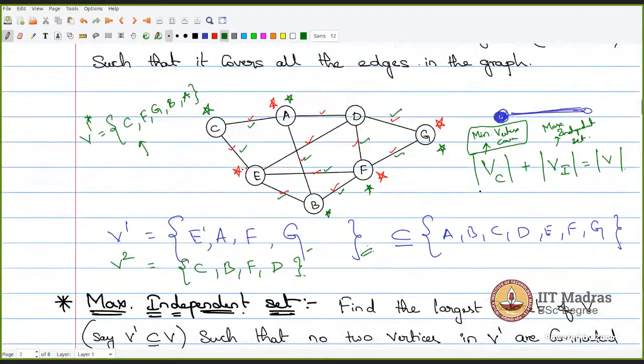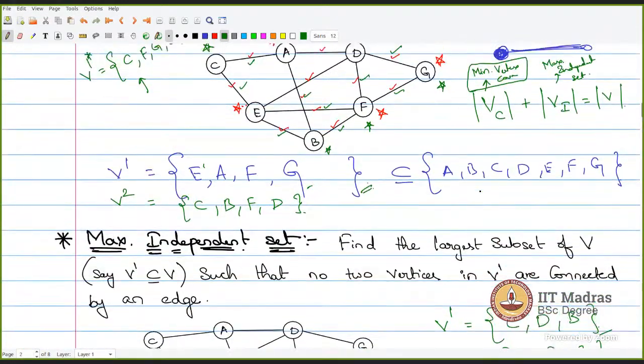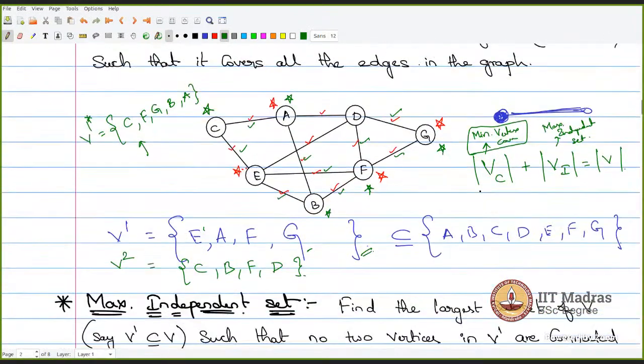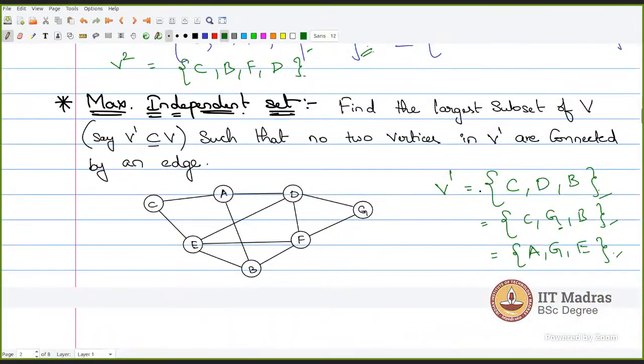Can you please repeat what a maximum independent set was? I lost my internet connectivity for a few minutes. Okay, a maximum independent set is a subset of vertices such that if I choose any two vertices in it, they should not share an edge in the given graph.